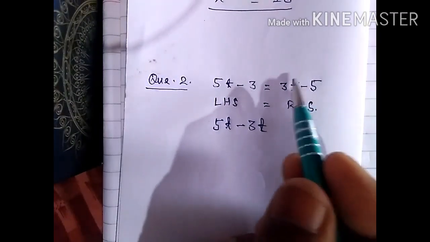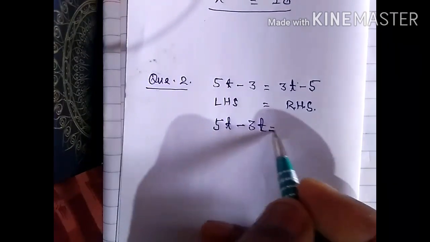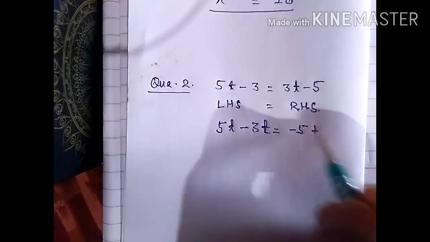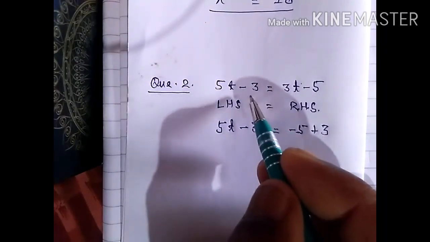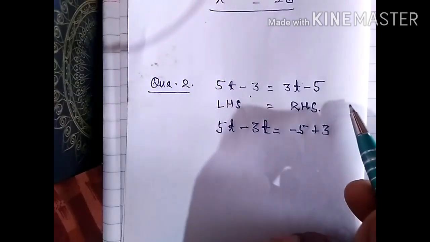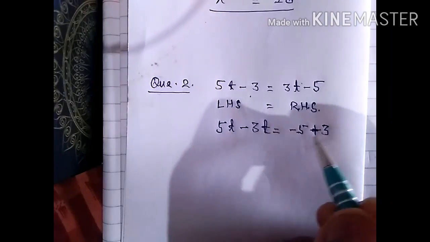Students, here 3t is positive. After transposing, the sign will be changed. So, it will be minus 5 plus 3. Here 3 is negative, student. After transposing it from left hand side to right hand side, the sign will be changed. So it will be plus 3.